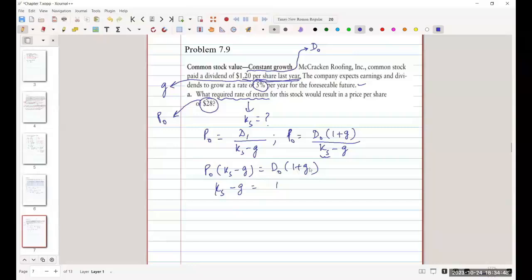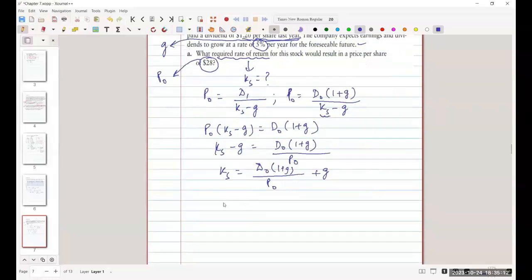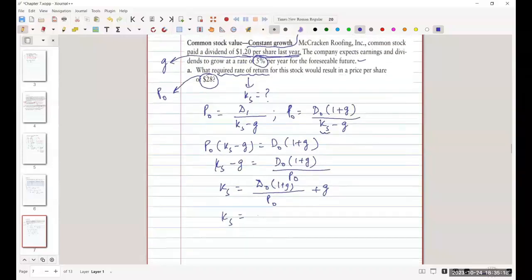So D0 times 1 plus g. Let's plug in the numbers. D0 was 1.2, 1 plus the growth rate of 5%, over the price of $28 plus the growth rate.